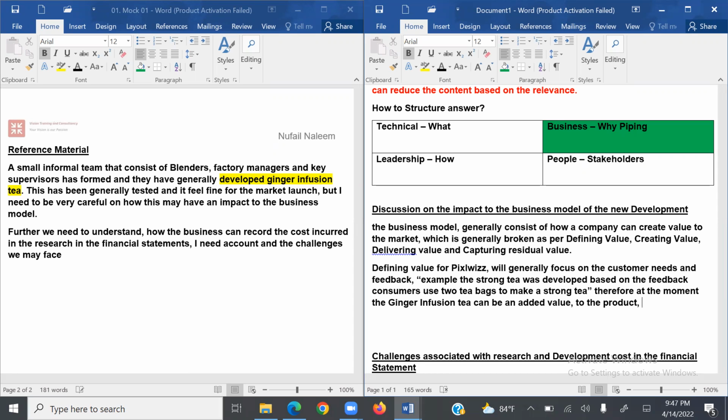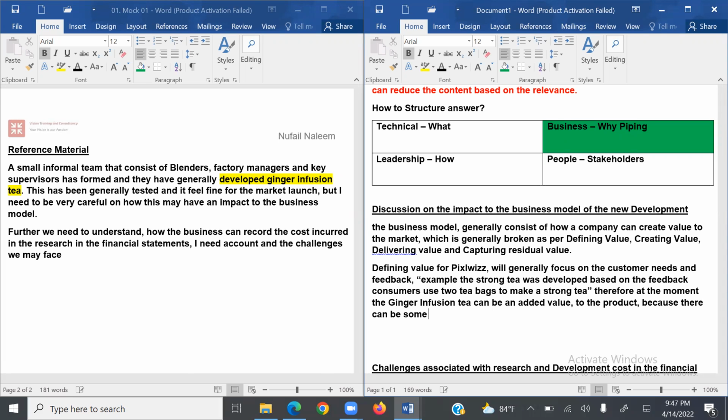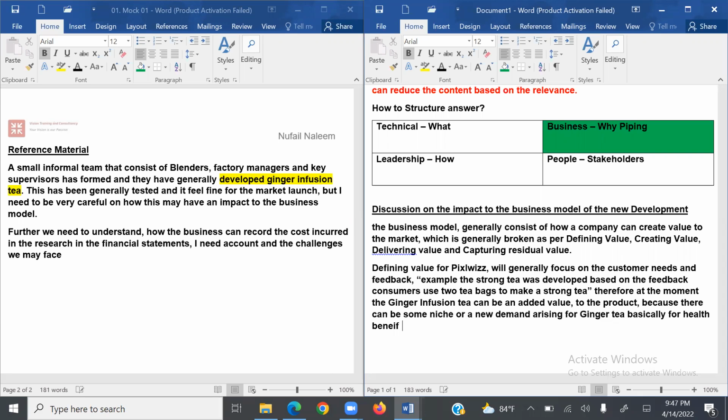Get this understanding very clearly, because there can be some niche or a new demand arising for ginger tea, basically for health benefits.